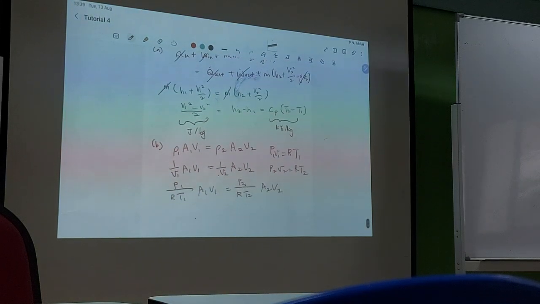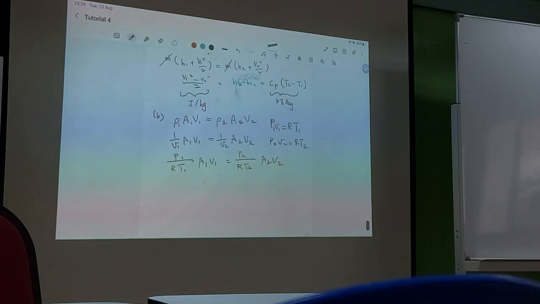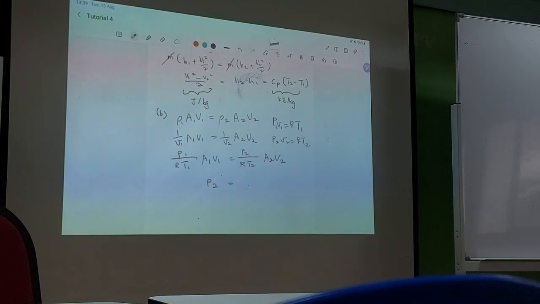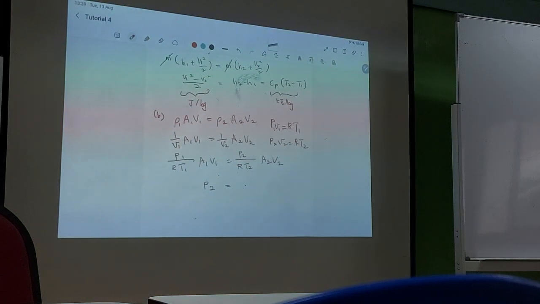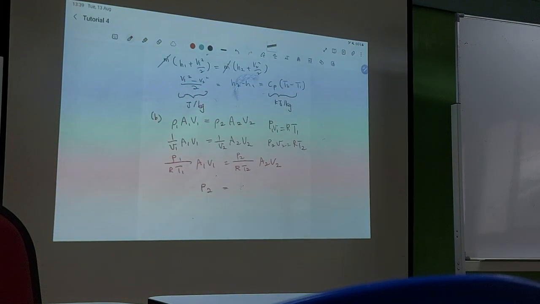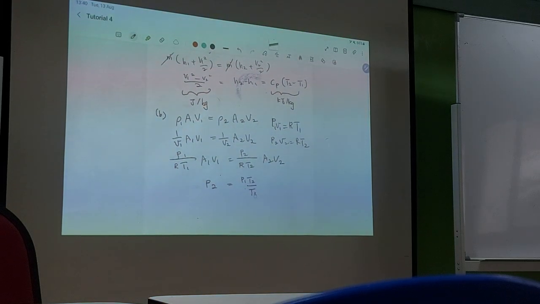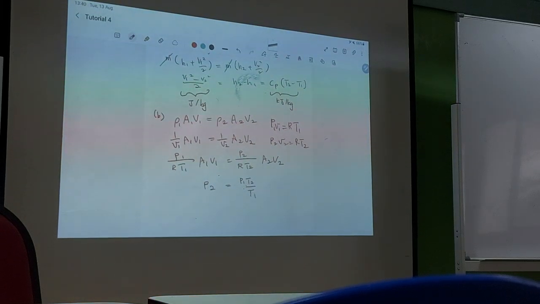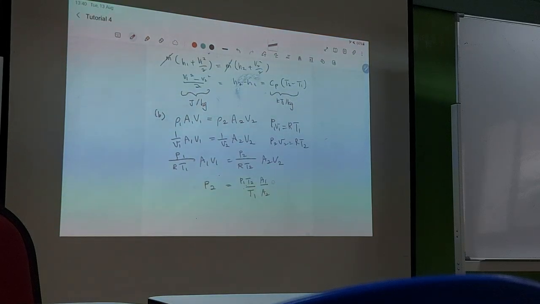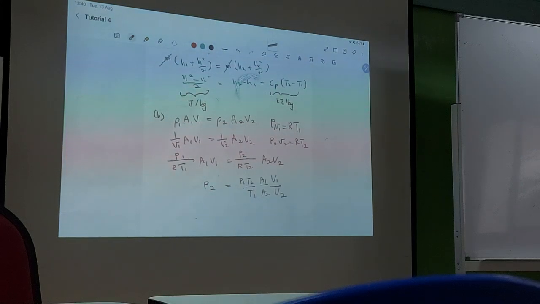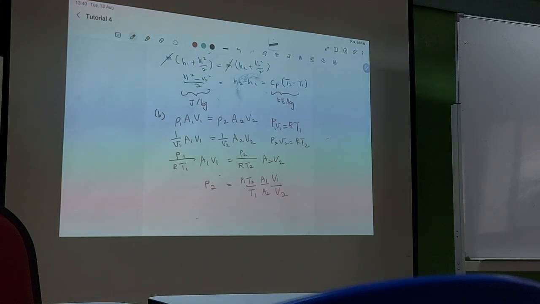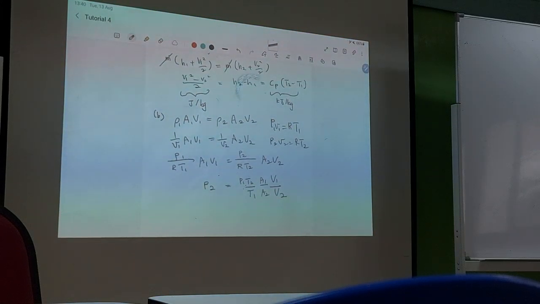You will get P2 equals T2 over T1, A1 over A2, V1 over V2, where V is the velocity. R cancels off.